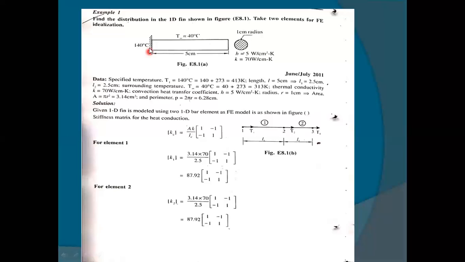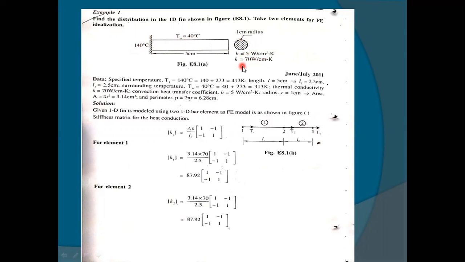It is fixed at this point, and at this point the temperature is equal to 140 degrees Celsius, and this complete fin is subjected to some ambient surrounding temperature. So T infinity is equal to 40 degrees Celsius, and the cross section is circular, and they have given 1 centimeter radius, and they have given a convection heat transfer coefficient and thermal conductivity.